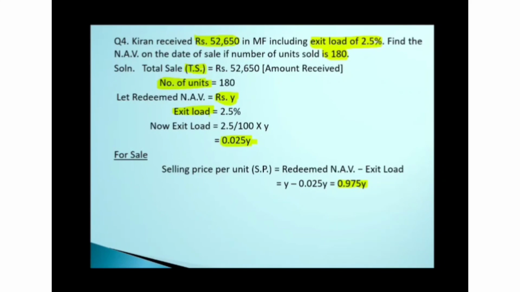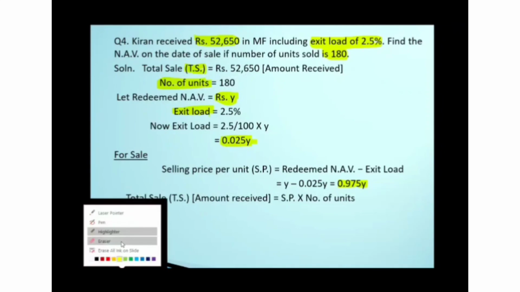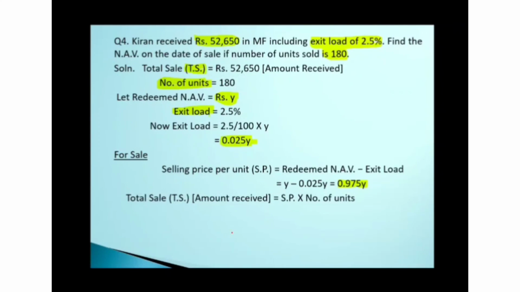After that, we use sale, which is equal to SP multiplied by number of units. Now we substitute the values known to us. We already know the total sale is 52,650, SP is 0.975Y, and number of units is 180.